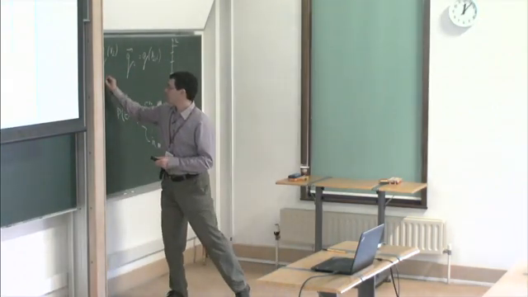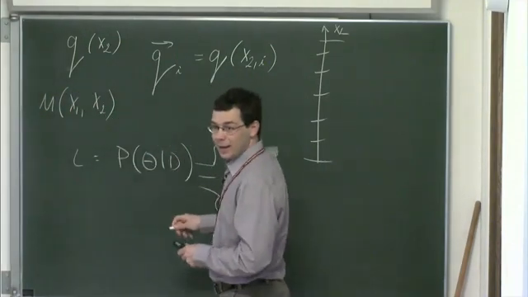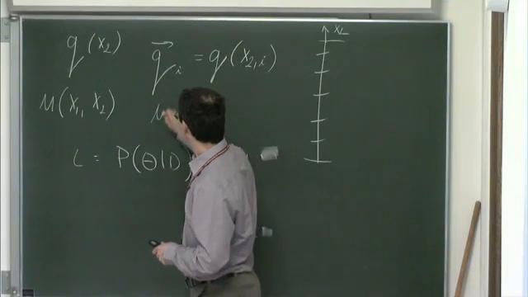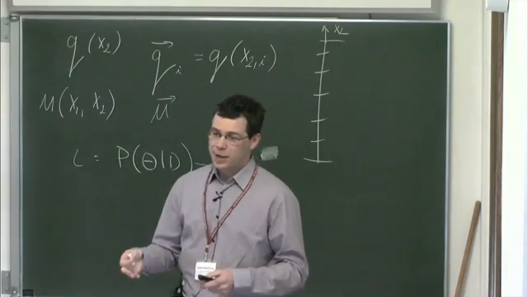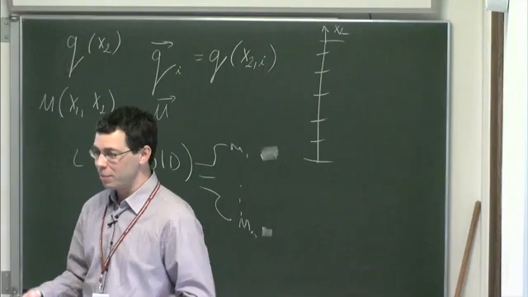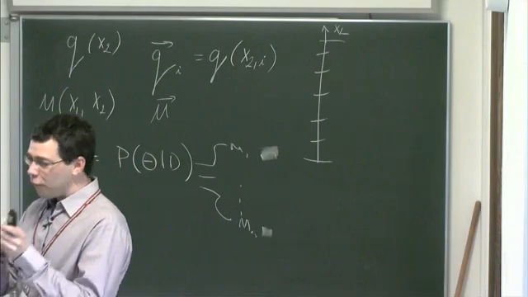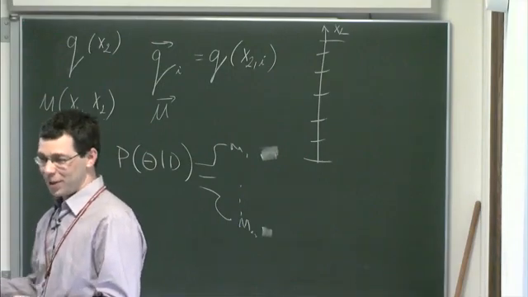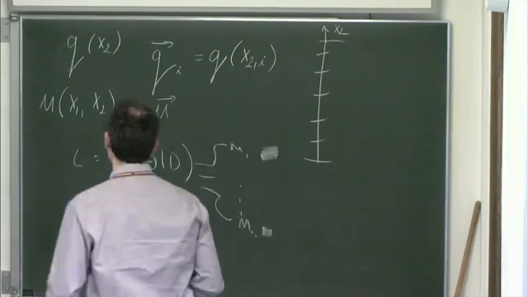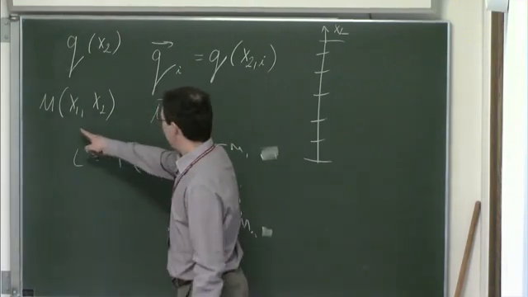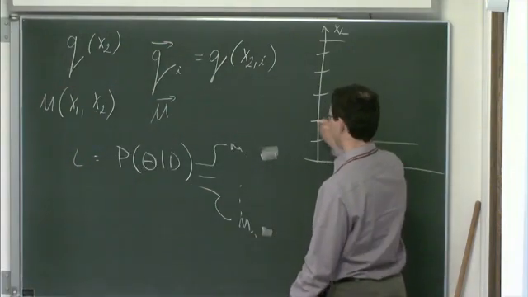Function u is a function of two variables, x1, x2, and now there is a mess with indices. This is the point where I try to avoid as many indices as possible, because if you read the literature about tensor methods, it's full of long indices, and it messes up everything. They are there, you know, you have to understand it. So basically what I do here is I have a function of two variables, and I have to sample that function on the two-dimensional grid.